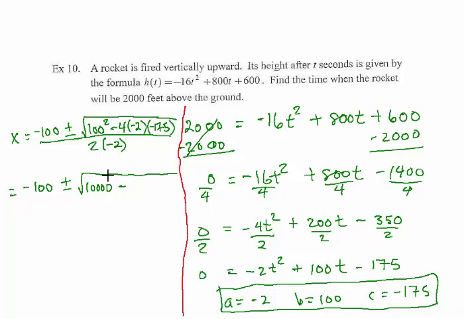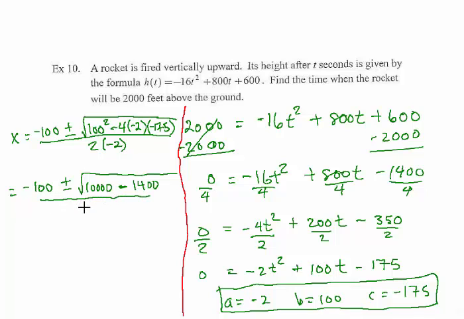And here we'll pull up our calculator. We have 4 times 2 times 175. And that gives us 1,400, and a minus, minus, minus. We'll keep this subtract sign.